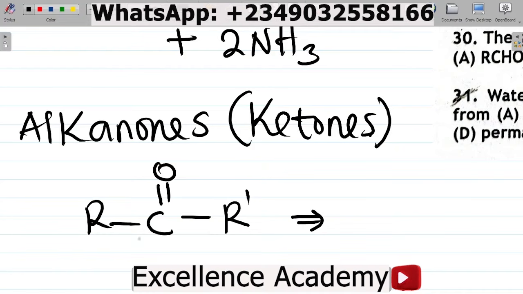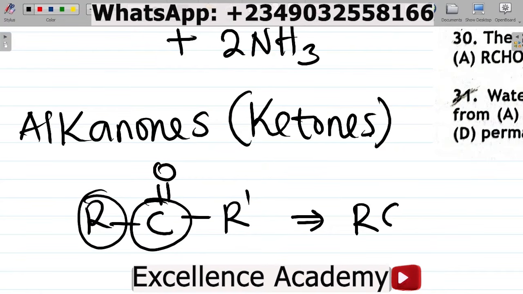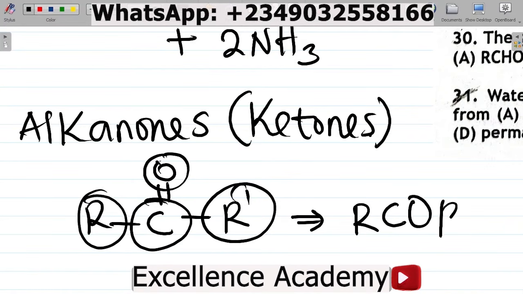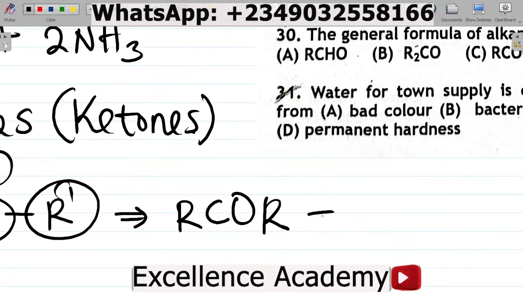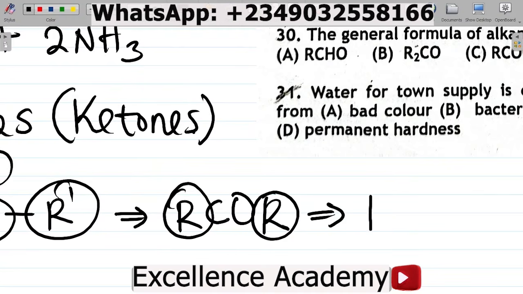If I write this in full, this becomes R, then C, then O, then R. That becomes RCOR, or it depends. Some authors want to say you have one R and the second R, so you might see something like R2CO. Any of them is the same thing, right?